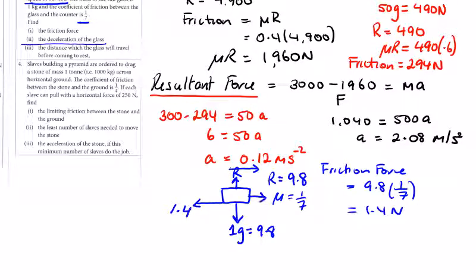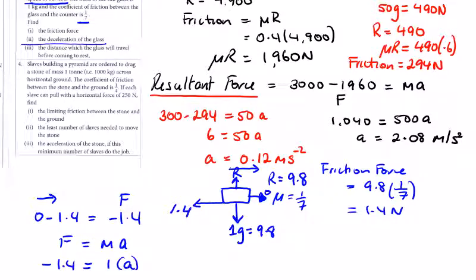In this direction, because it's sliding and there's no string attached, we can say this is 0. So my resultant force is 0 minus 1.4, which is equal to minus 1.4. That's my F. F is equal to ma. So minus 1.4 is equal to the mass, which was 1, times a. So a is equal to minus 1.4 meters per second squared.